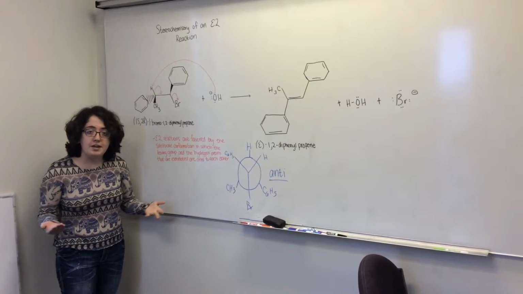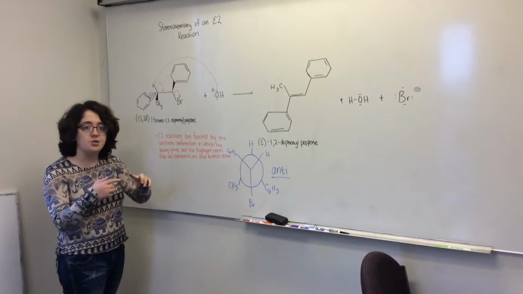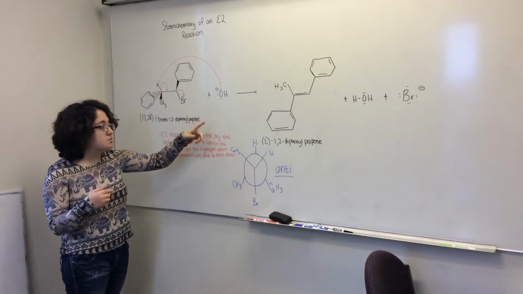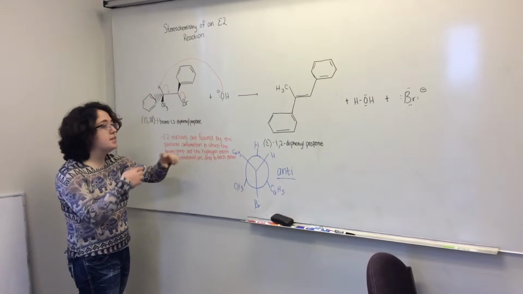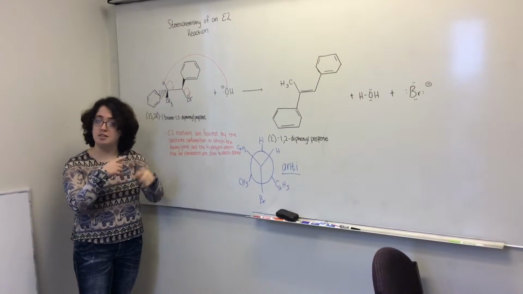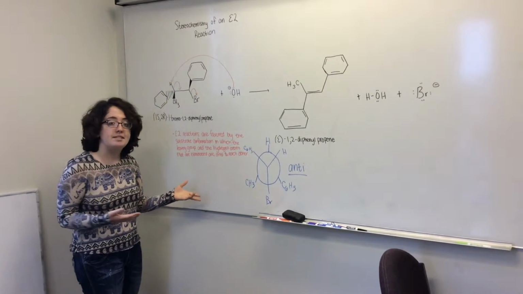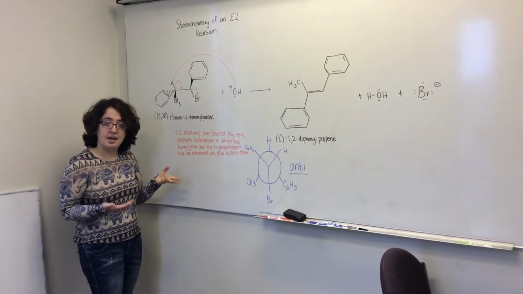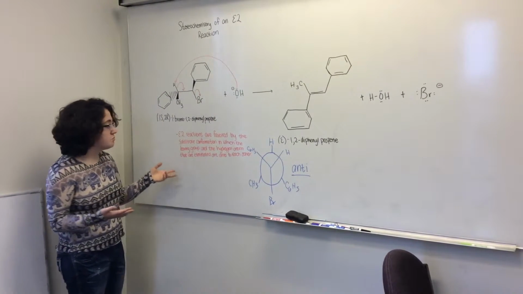In the E1 reaction, we had the opportunity to have conformational isomers because we had that step that had the single bond, which, as we know, single bonds can rotate, but here we don't have that step. So the stereochemistry of an E2 reaction is stereospecific.